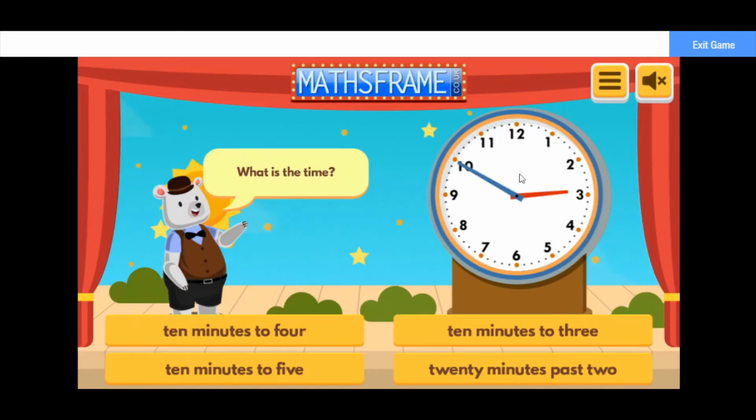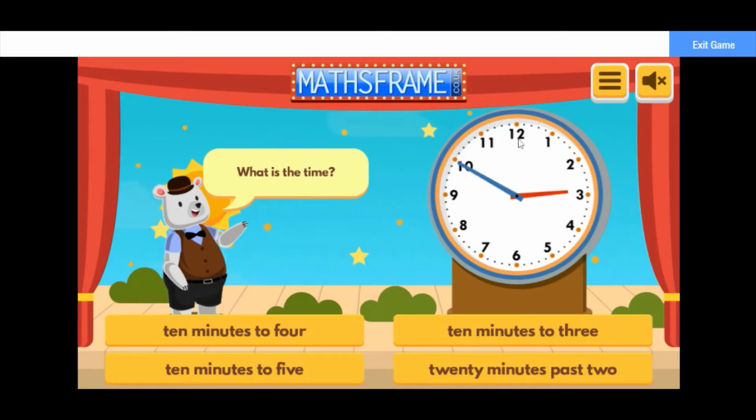Now, remember that when we're counting the minutes, if we start from 12, 5, 10, 15, 20, 25, 30, but then actually we kind of start again and start counting up to 12 again, rather than saying 30, 35, we start counting up.